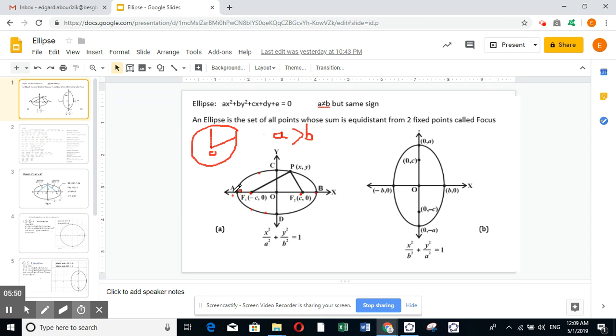Since it's bigger, this distance will be bigger than this distance, which is b, if x is 0, so y will be plus or minus b. So these are the two vertices, these are the two co-vertices, and this is the focus, and O will be the midpoint of the vertices, the midpoint of the co-vertices, and the midpoint of the two foci.